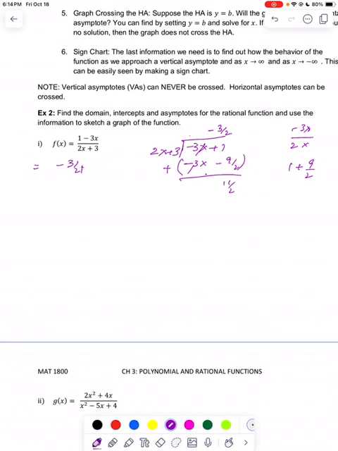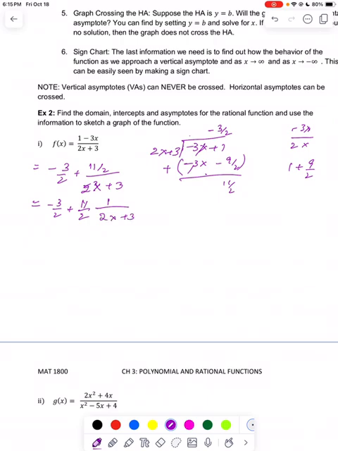So I can write this as negative 3/2 plus 11/2 divided by 2x plus 3. So we can rewrite it now, negative 3/2 plus, I can put the 11/2 here, and then we are getting 1 over 2x plus 3.